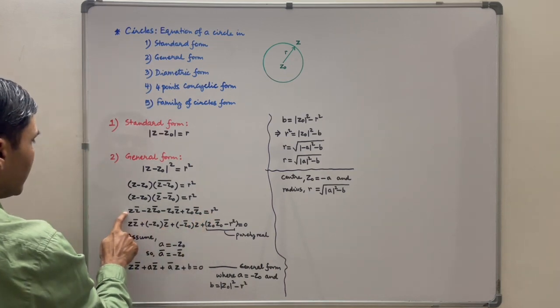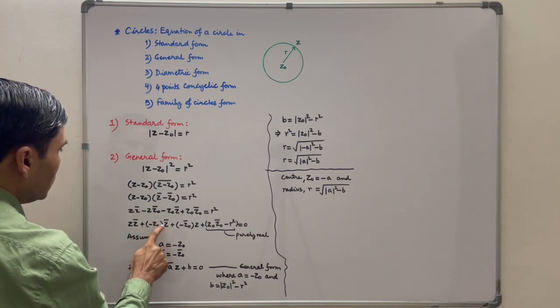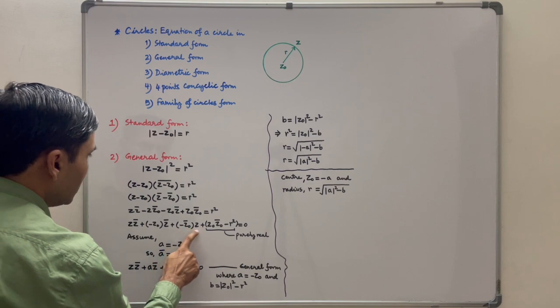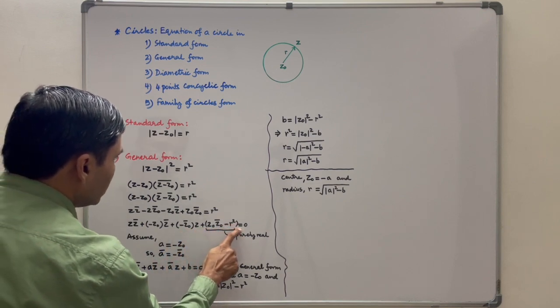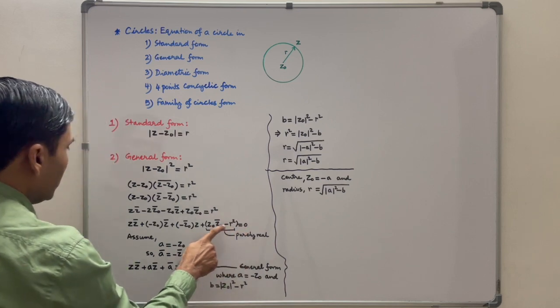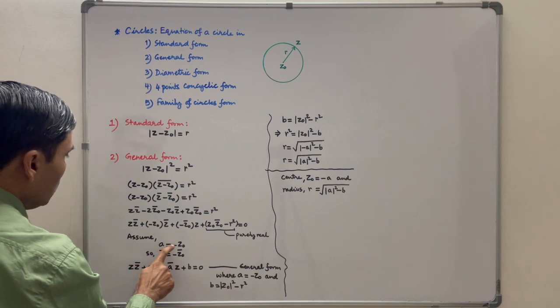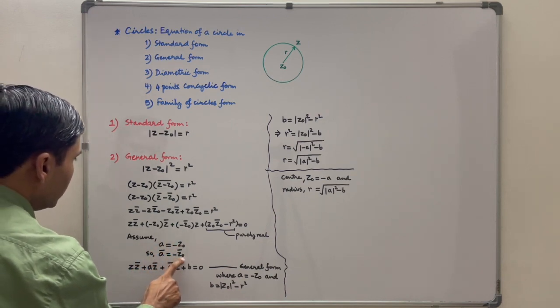Or we can write it as Z Z bar plus in bracket minus Z0 into Z bar plus in bracket minus Z0 bar Z plus Z0 Z0 bar minus R square is equal to 0. Now assume this is equal to A. So A is equal to minus Z0. So A bar is equal to minus Z0 bar.